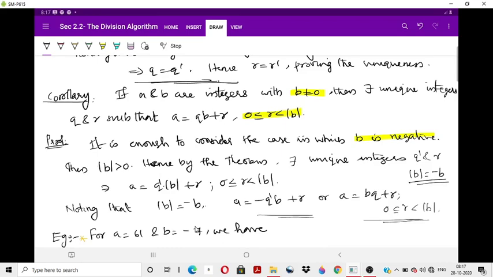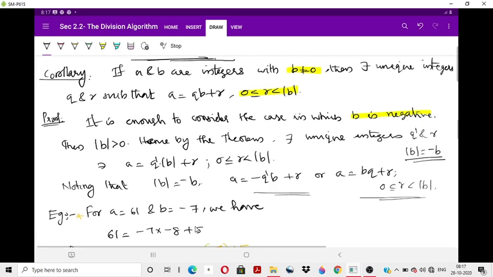First, 61 is a positive number, but we have to divide it by a negative one, minus 7. When we consider minus 7 into minus 9, this will be 63. To make it 61, we have to subtract 2 from that.